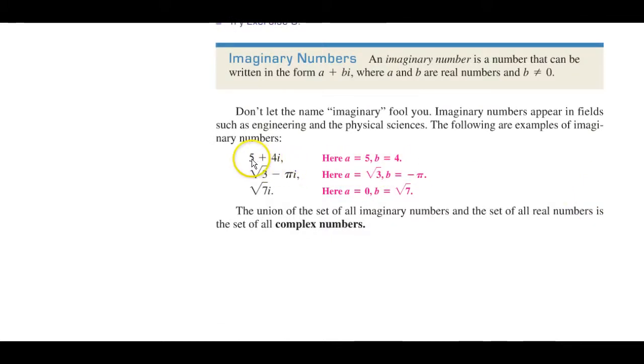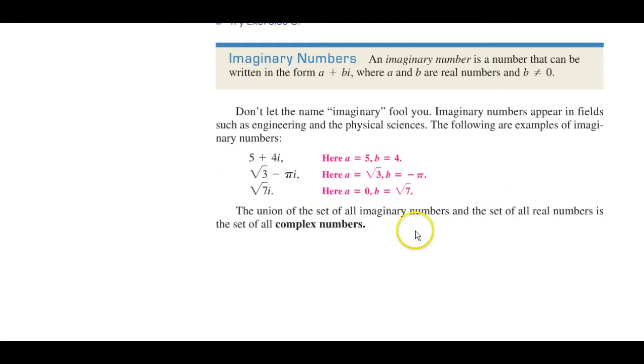In writing complex numbers, you would write it in the form a plus bi: a real number, an imaginary number. Theoretically, you should have the i afterwards, but they make that exception.